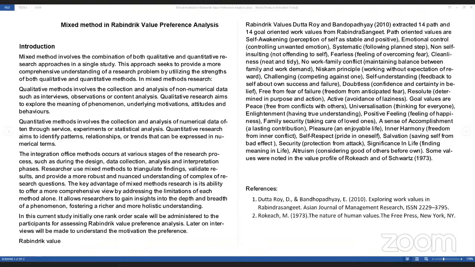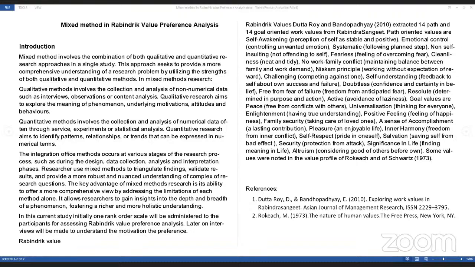Okay, Varsha. Yes, sir. It includes the title page. Title page should cover mixed method in Rabindric value preference analysis. After that, your name and date of submission, etc. Next is the abstract.